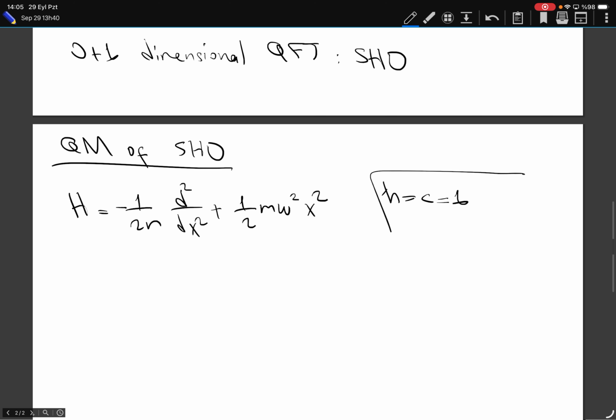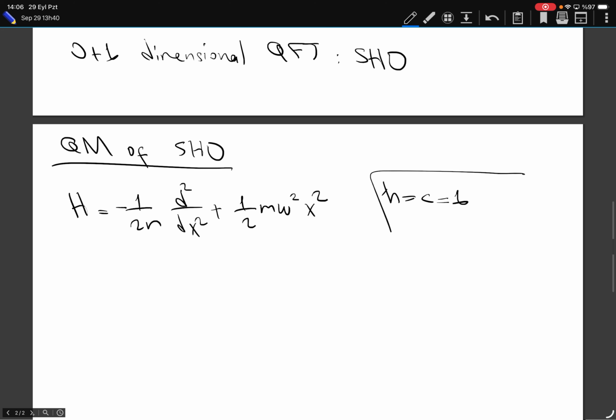Typically, I'm a particle physicist, so I will stick with the convention that I will define everything in terms of energy. So mass is energy over c squared, it's energy. Length is energy inverse. Time is energy inverse. So everything will have an energy unit. And it will simplify all the h bars and c factors that I tend to forget anyway.